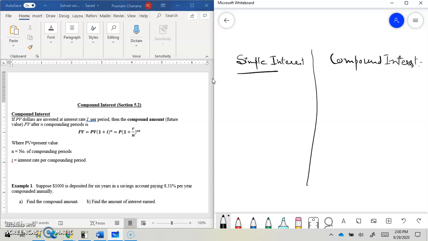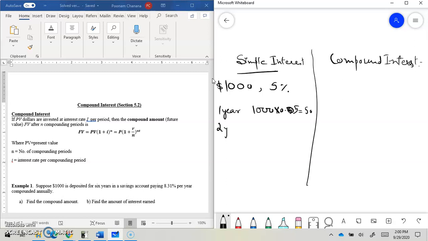Say I want to show you this using this example. So suppose you deposit $1,000 at 5% interest rate, right? So at the end of 1 year, you will get how much interest? 1000 times 0.05, right? That would be $50.